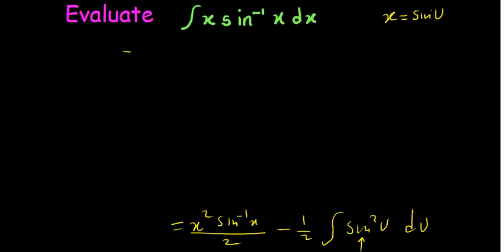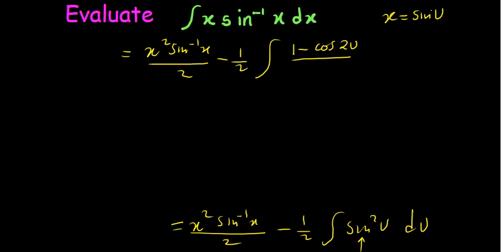So this is going to be equal to x squared sine inverse of x divided by 2, minus 1 over 2 integral. Where there is sine squared u, we are putting 1 minus cosine of 2u, and then divided by 2. We can now put du at the end.